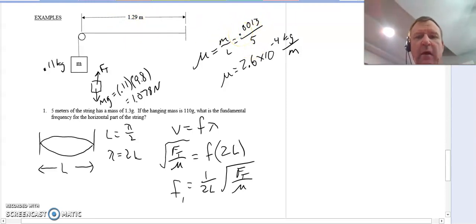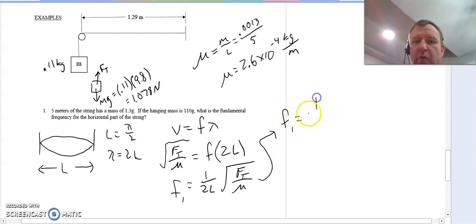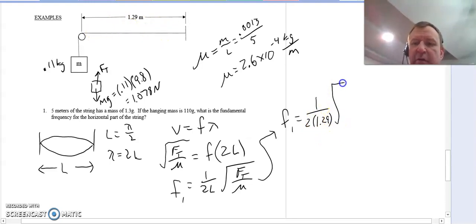All right, so now we're ready to plug stuff in. So for that first harmonic, 1 over 2L, well, L is 1.29 meters. That's the length that this wave is going to be traveling. Square root of tension, 1.078, over mu, the linear mass density, 2.6 times 10 to the negative 4.